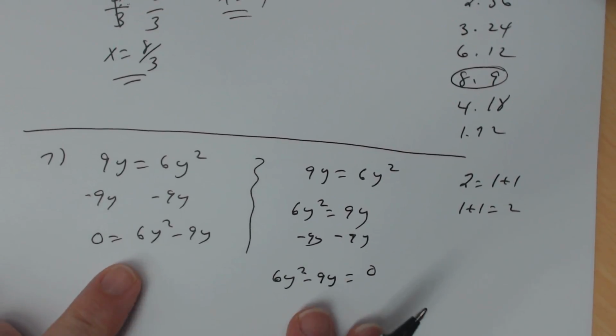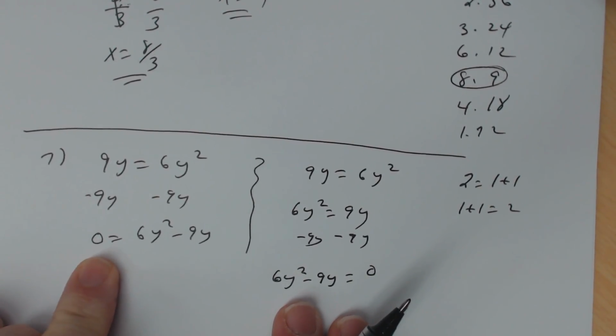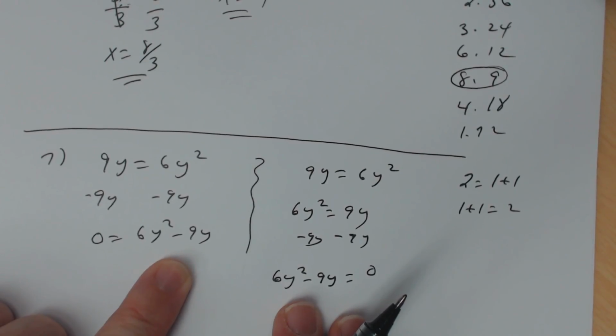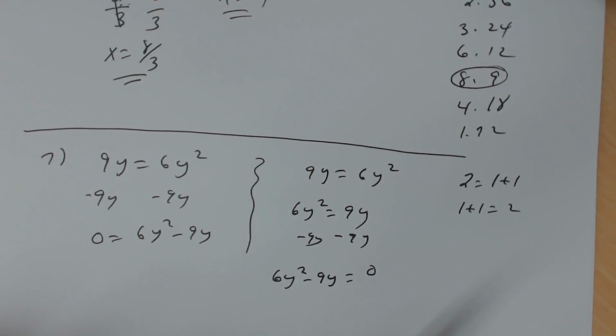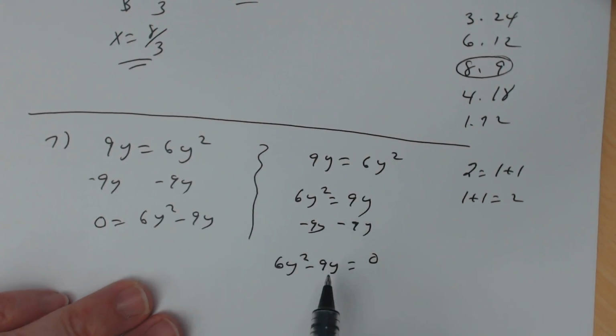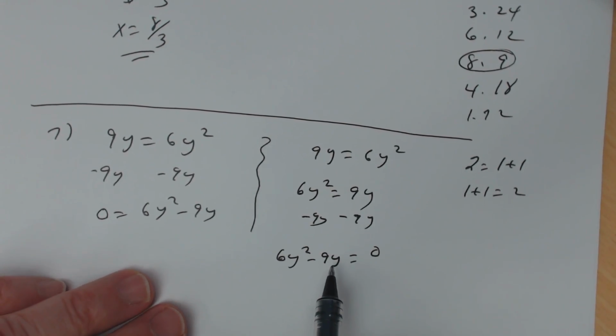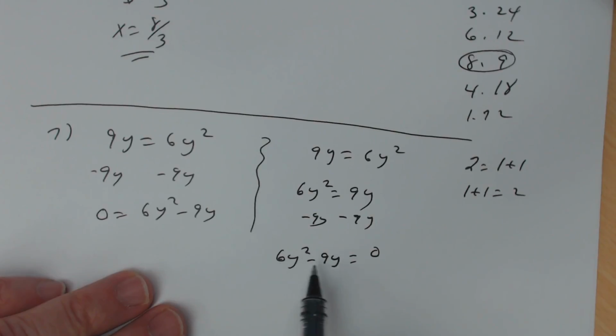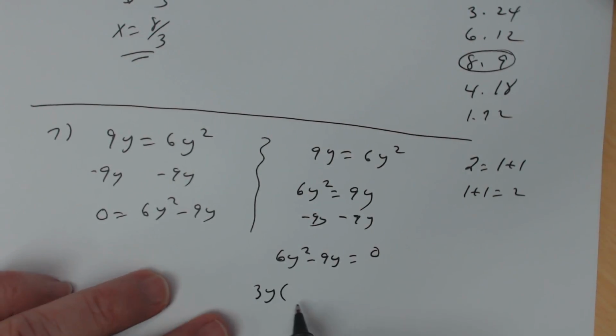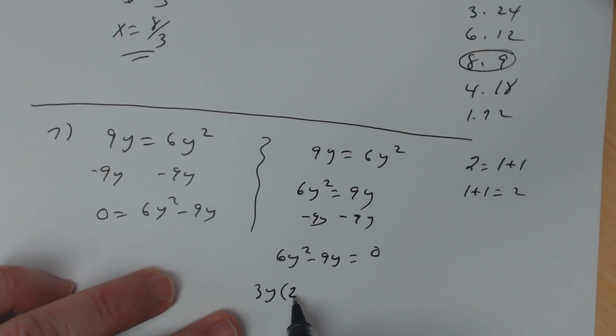So it didn't matter. You would still end up with either 0 equals 6y squared minus 9y, or 6y squared minus 9y equals 0. I'm going to stick with this one. So look for GCF. So the GCF here is 3y. So factor out 3y. And you end up with 2y, because 3y times 2y is 6y squared, minus 3, because 3y times a negative 3 is negative 9y, equals 0.